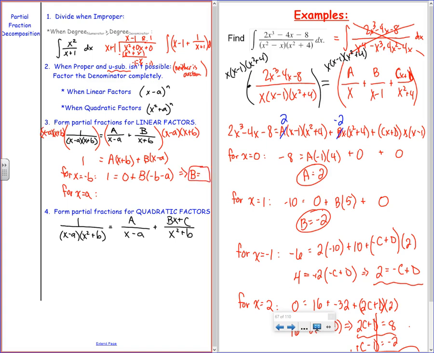Plugging in the zero of a factor allows us to solve for the constant above it.